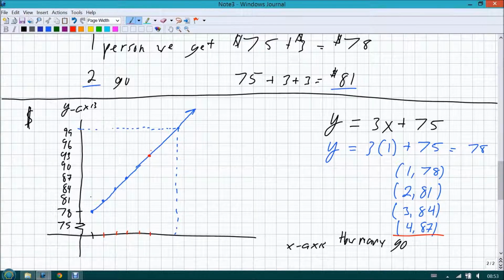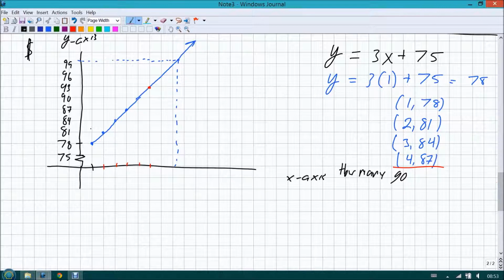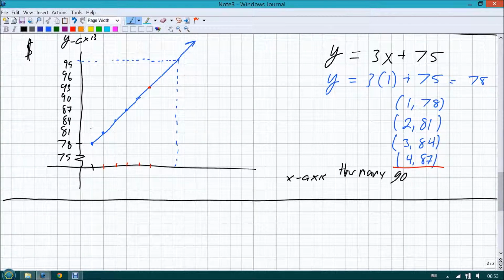So the graph visually represents what's happening in the function, and that is the power of graphs. They can be difficult to get down, but once you get them down, they make data so easy to access. They make trends easy to see and interpret. They make everything so much better.